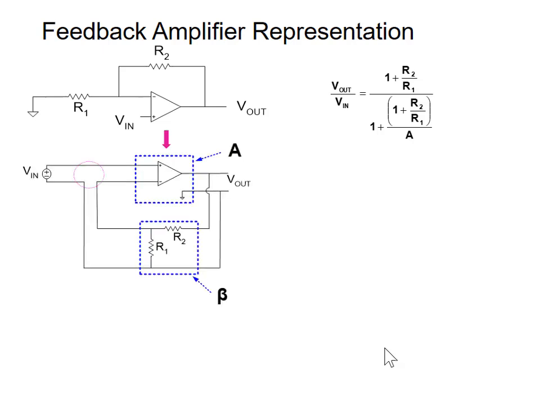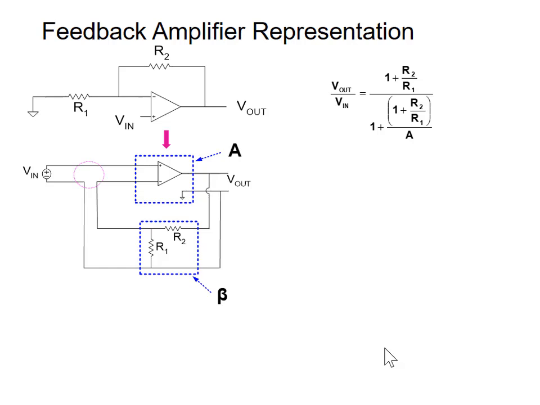I can draw that circuit like this. Here's the A amplifier. I'm sampling the output and putting it into this resistive divider network, R1 and R2. I get a voltage here that's R1 over R1 plus R2 times the output. That voltage is in series with the input, but opposite in sign. The sum of those two goes into the amplifier.